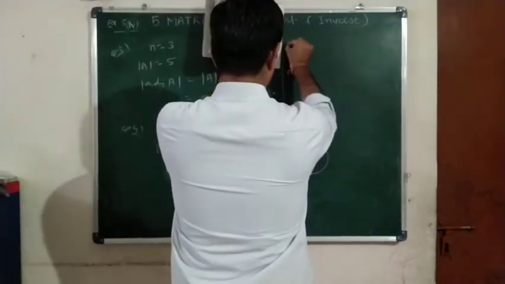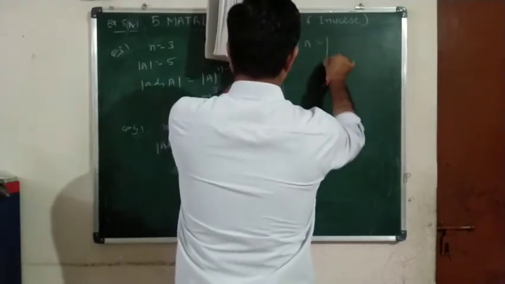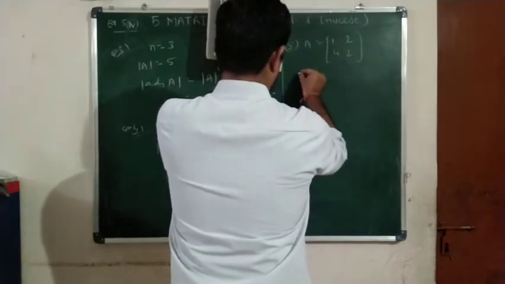Now question number 5. Okay, we are given the matrix [1, 2; 4, 2].